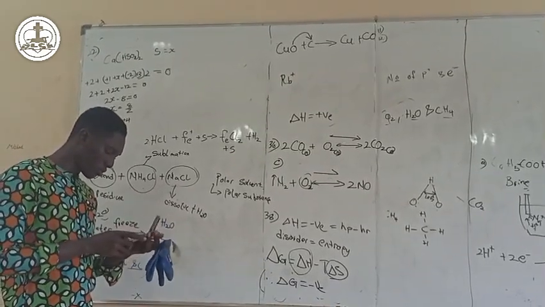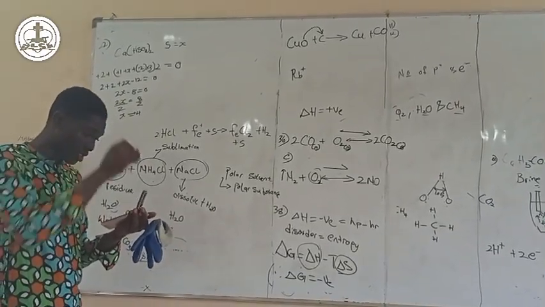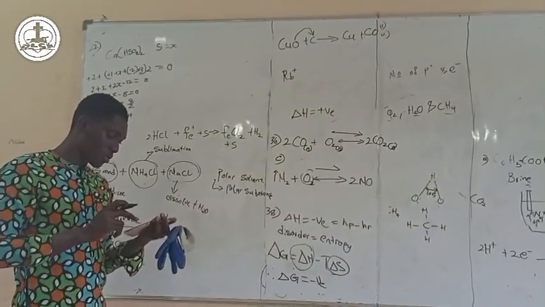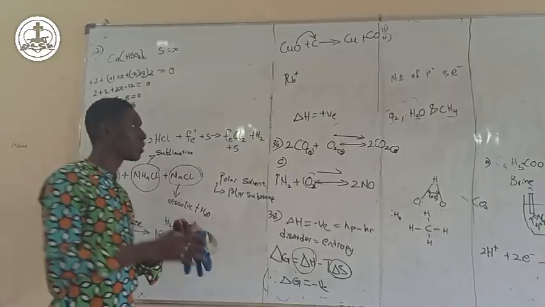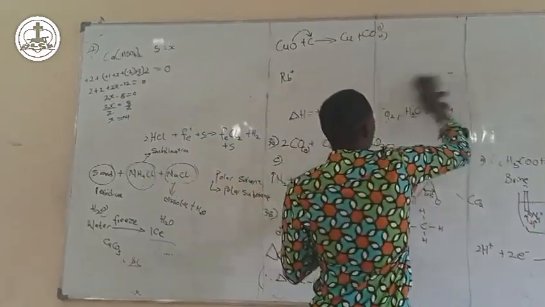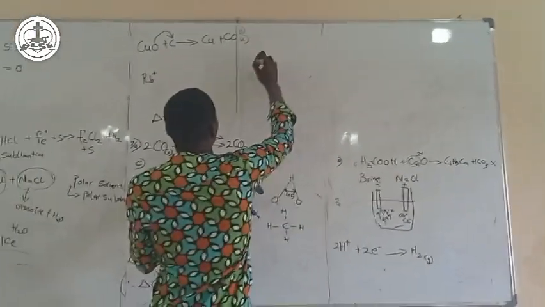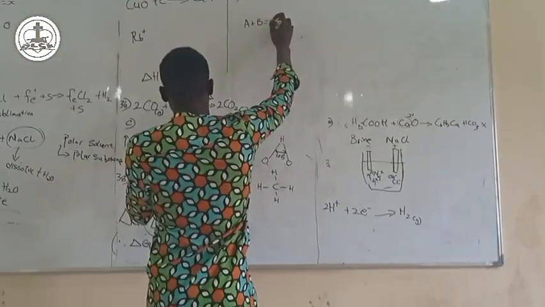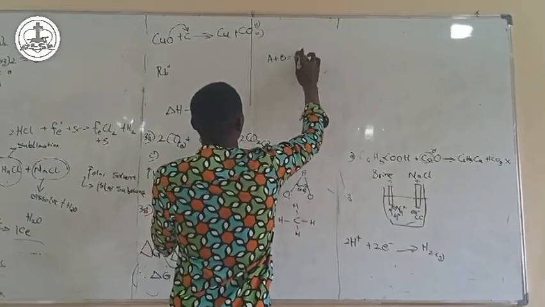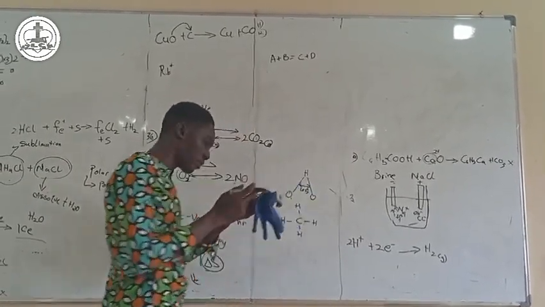So now moving on to the next question, question number 39. It says, in the chemical reaction of A plus B equals C plus D, more of D is formed.